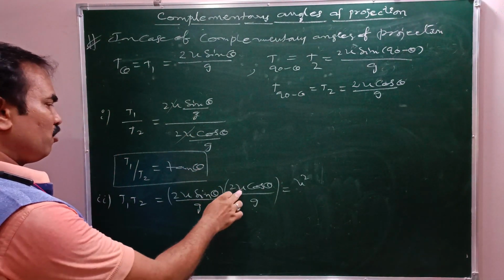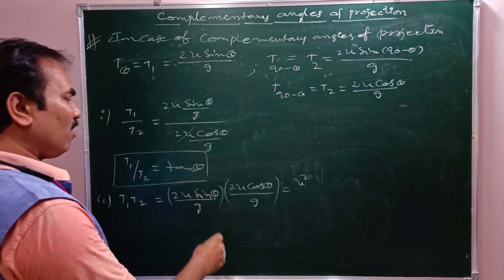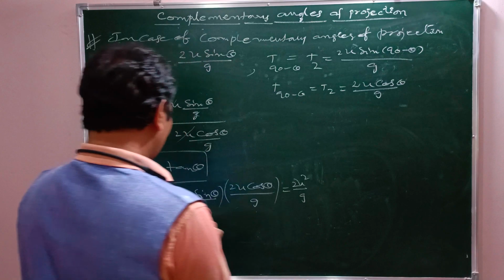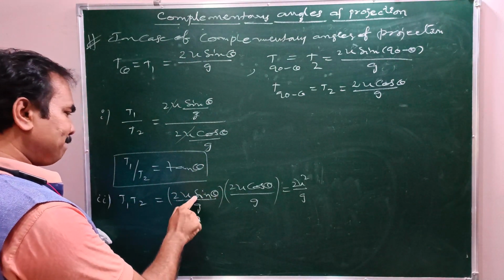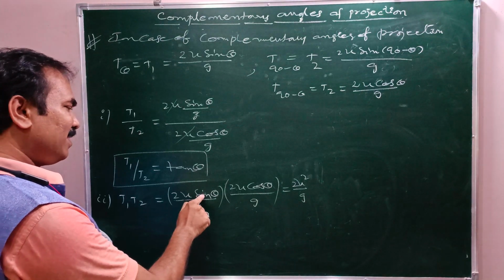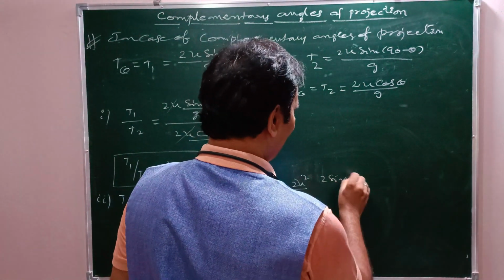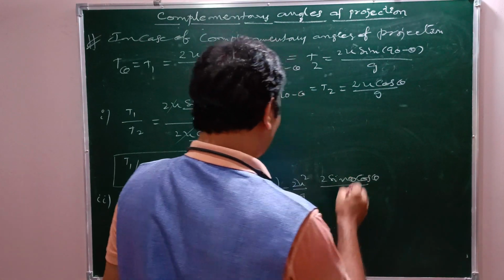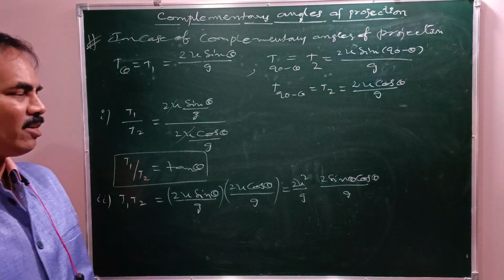So 2u square by g into 2 sin theta cos theta by g, and g into g, 2 sin theta cos theta means sin 2 theta.